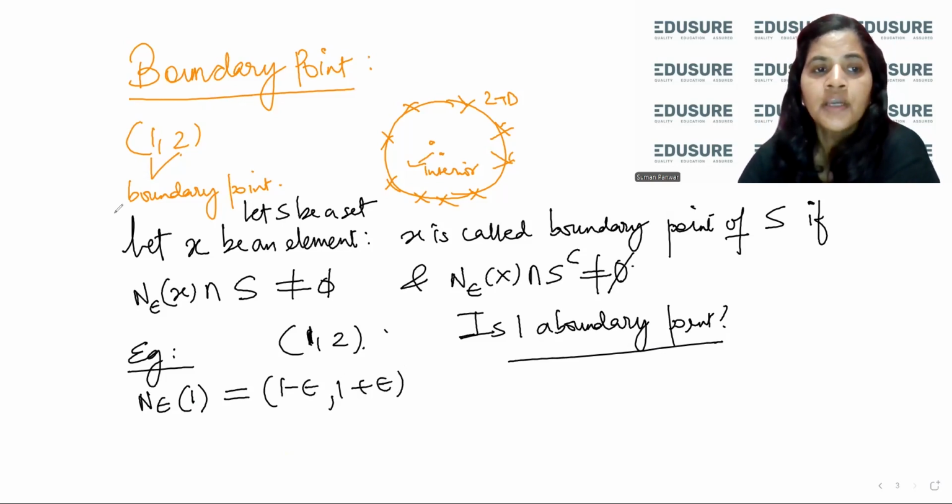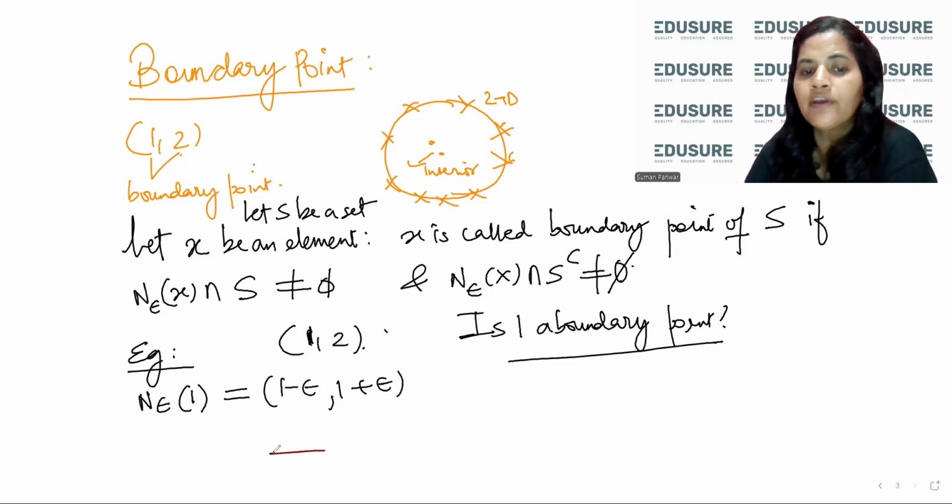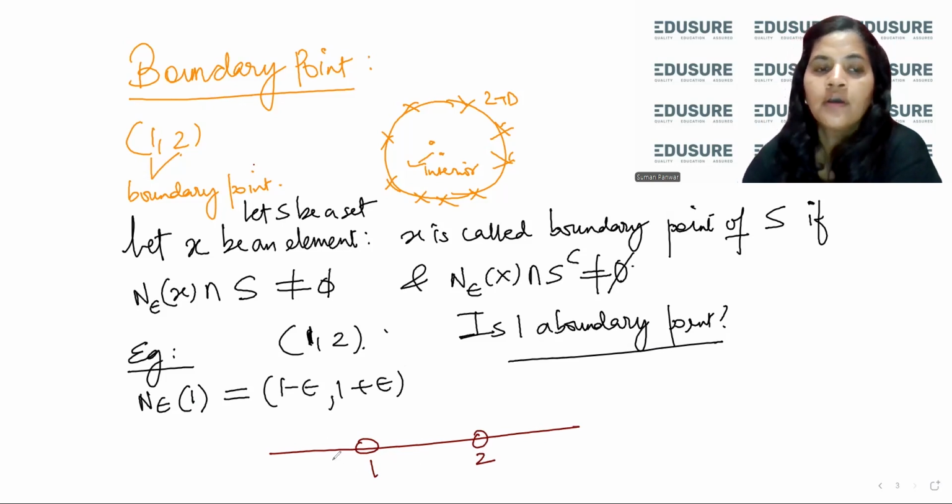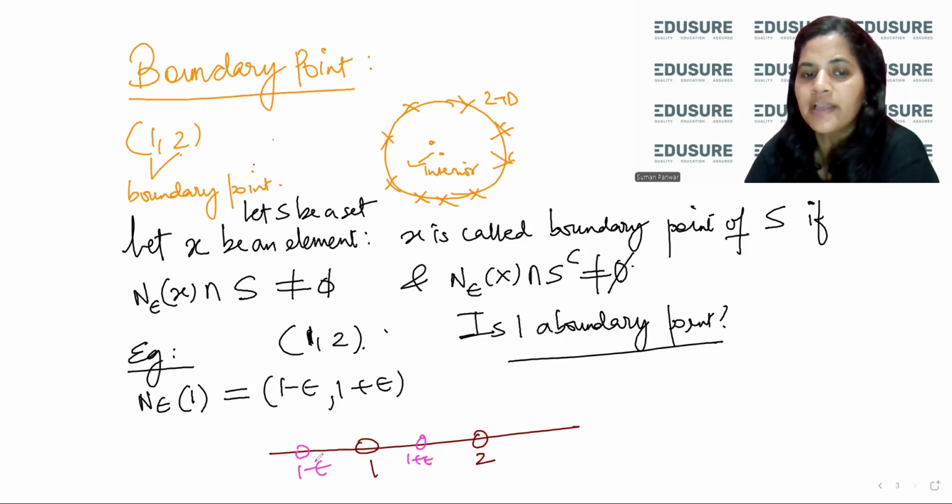Now my set is the open interval (1, 2). So this is 1, this is 2, and let me make this neighborhood. So this neighborhood is (1 minus epsilon, 1 plus epsilon).